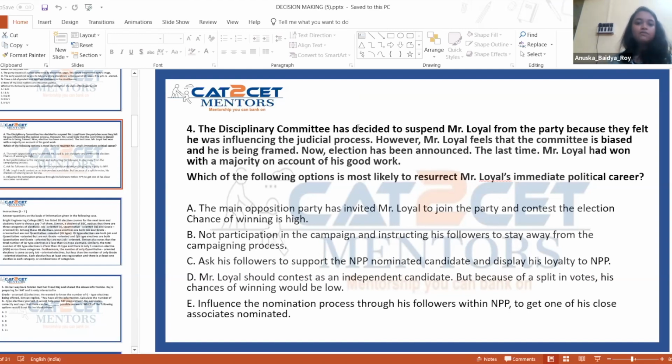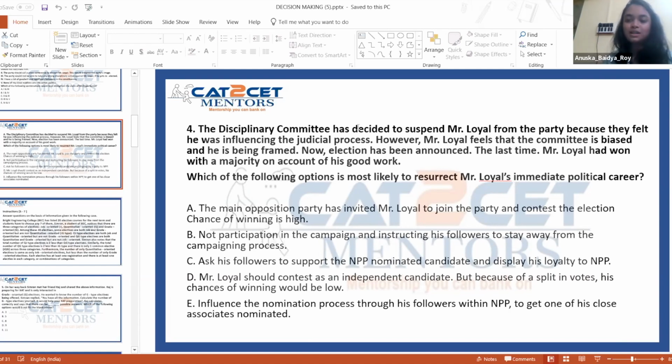Okay. So now we look at the options. A, the main opposition party has invited Mr. Loyal to join the party and contest the election. Chance of winning is high. Okay. So if Mr. Loyal joins the opposition and contests against NPP, he will win. That is what the option is saying. The chance of winning is high. So can you see that this is a very different kind of an option, but it is supporting Mr. Loyal's immediate political career.